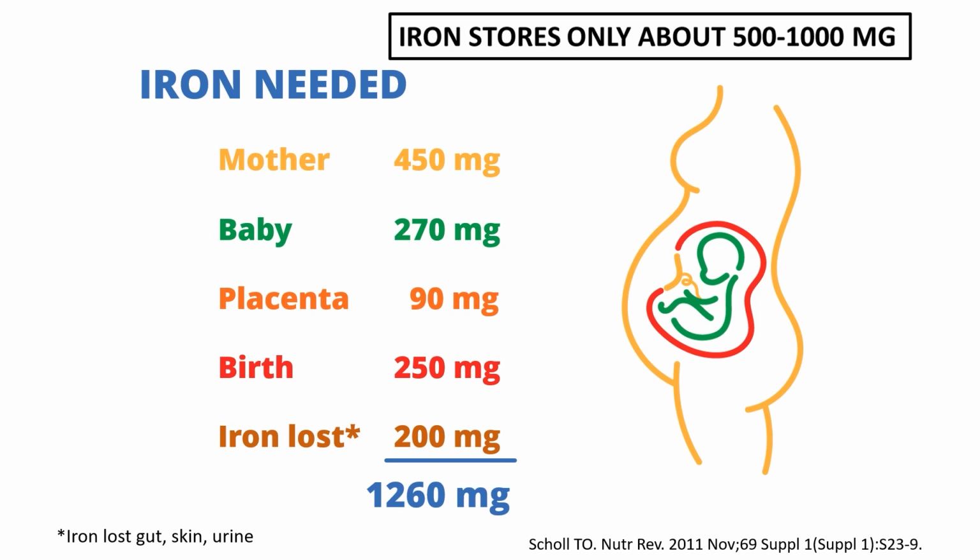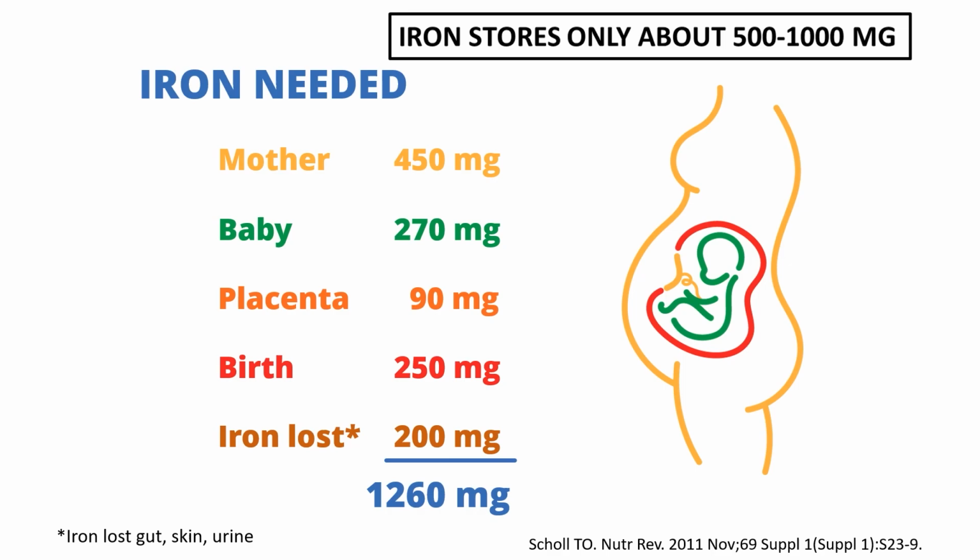A normal birth will lead to the loss of about 250 milligrams of iron. You will lose about 200 milligrams of iron through the gut and skin. And well, you also have some savings because the patient doesn't menstruate. But at the end, if you put it all together, one single pregnancy requires an additional 1,000 milligrams of iron.